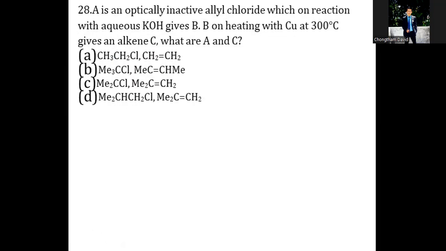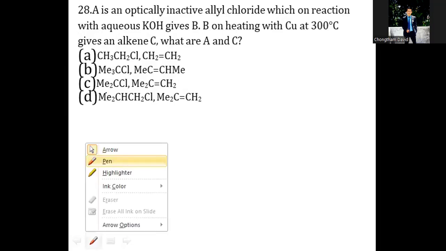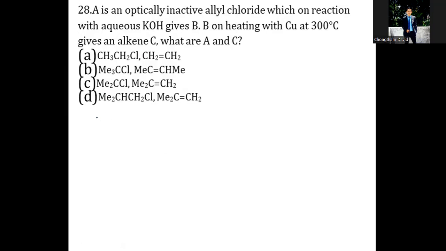Question 28. A is an optically inactive allyl chloride which on reaction with aqueous potassium hydroxide gives B, and on heating with copper at 300 degrees Celsius gives alkene C. So the question asks you to identify A and C. A is an optically inactive allyl chloride, right?